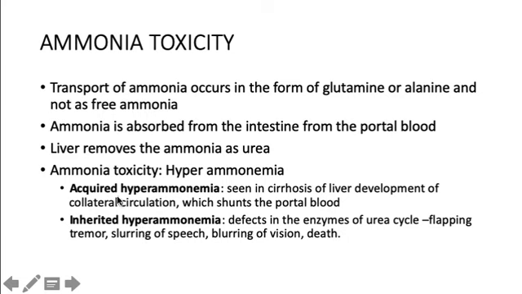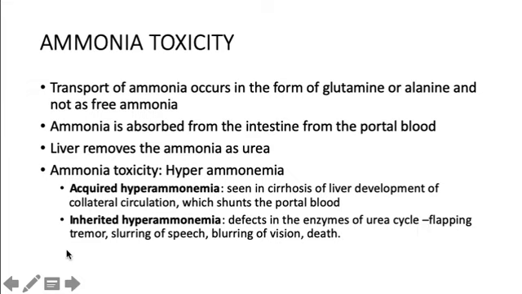Acquired hyperammonemia is seen in cirrhosis of the liver, because of the development of collateral circulation, which decreases the portal blood circulation. Then you have inherited hyperammonemia, that is a defect in the enzymes of the urea cycle.